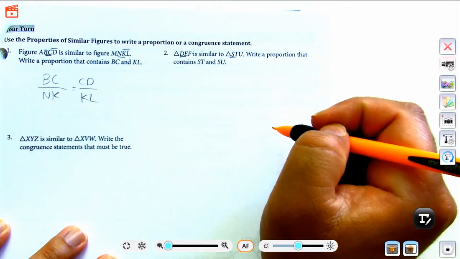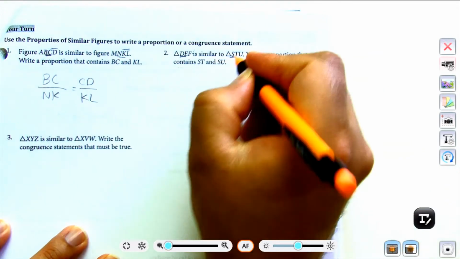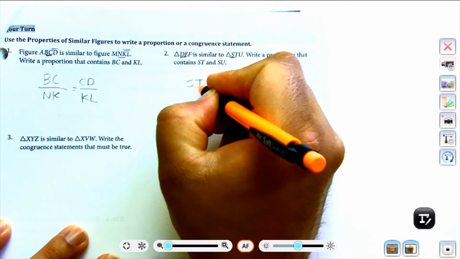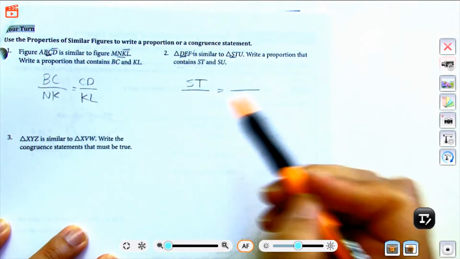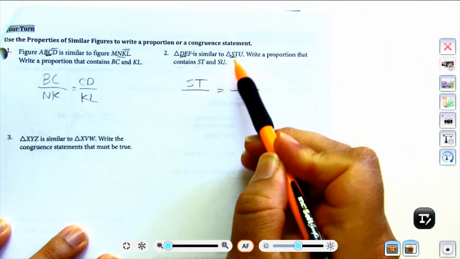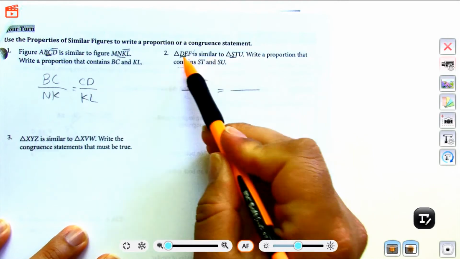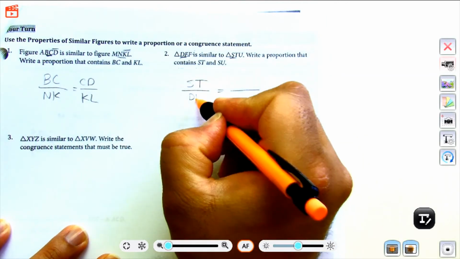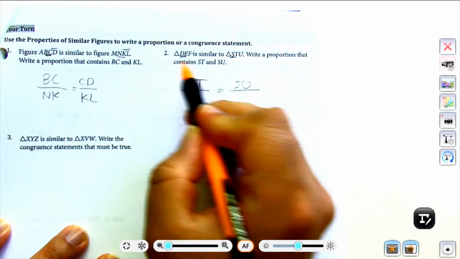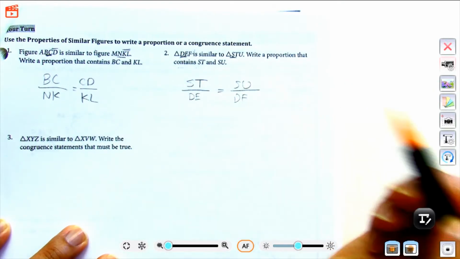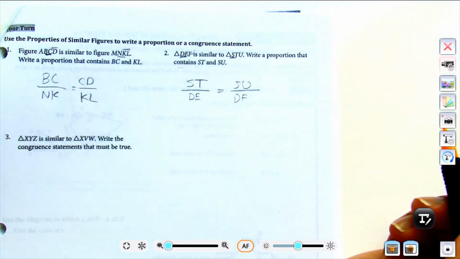Okay, so let's start with ST. What goes on the bottom? The first two letters ST, the first two letters would be DE. SU would be DF. So that's your proportion statement.